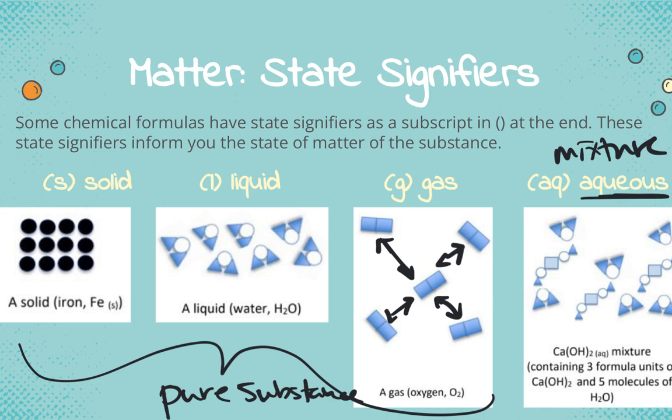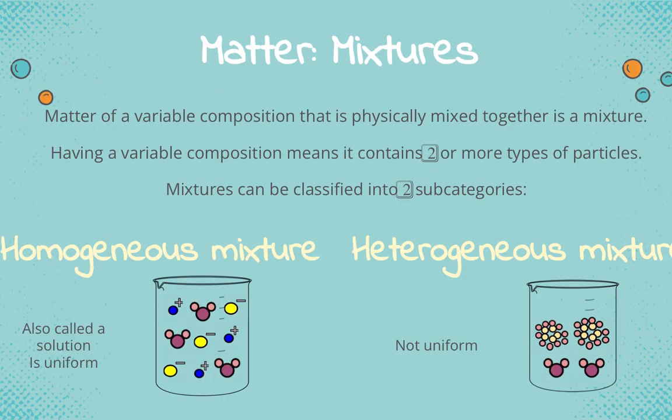In this case, this is a formula unit because you have calcium hydroxide where you have a metal with nonmetals. So it is calcium hydroxide mixed with water molecules. And so when you see the aqueous designation, you have to know that that is with water, and it is a mixture, not a pure substance.